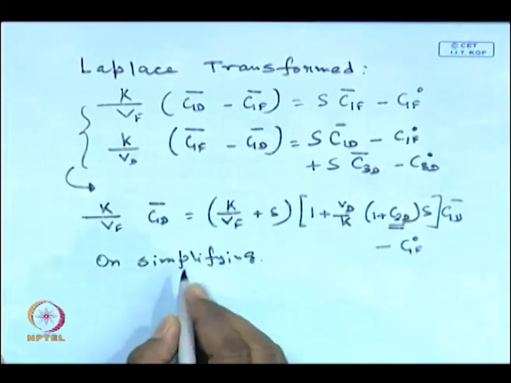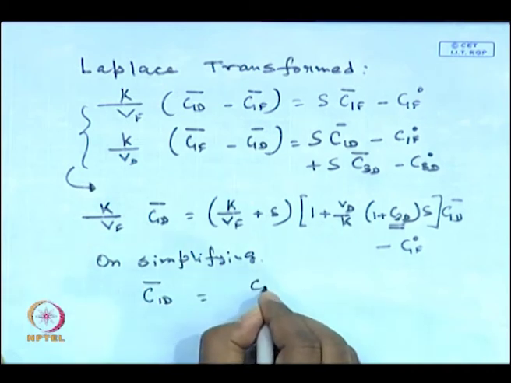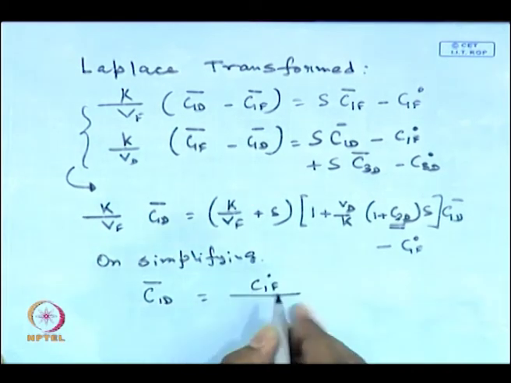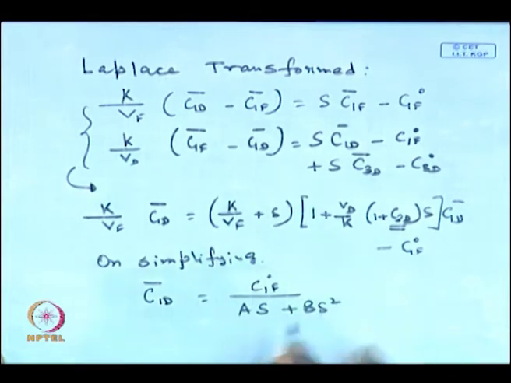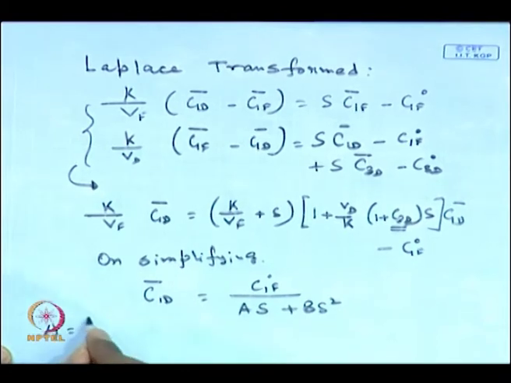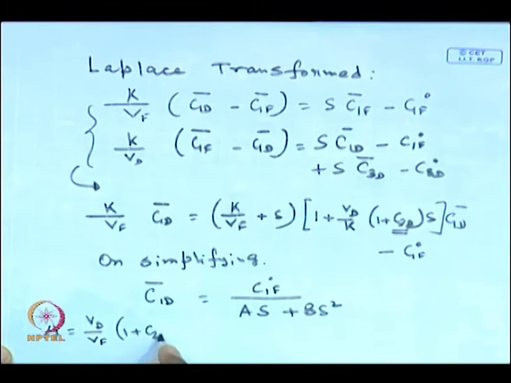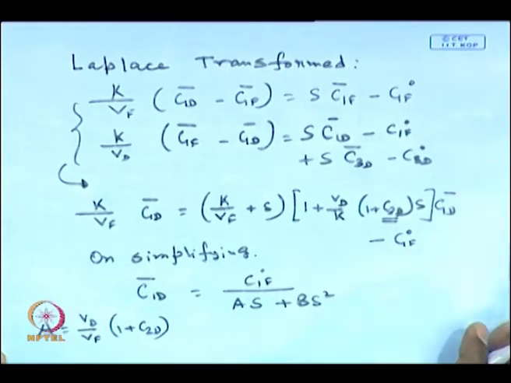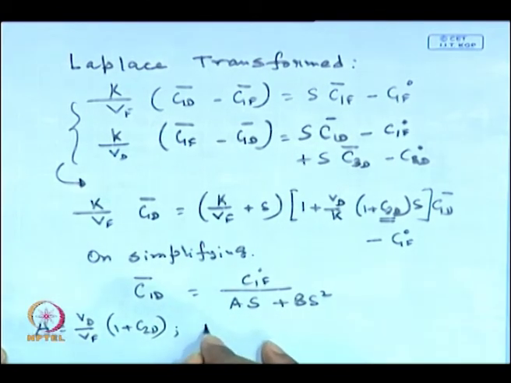On simplifying, finally, you can get an expression like this: C1d bar is equal to C1f naught times As divided by (As plus Bs squared), where the term A is defined as Vd by Vf times (1 plus C2d). Since Vd and Vf are the volumes of the feed and the dialysate chambers and C2d is constant, the value of A is also constant.